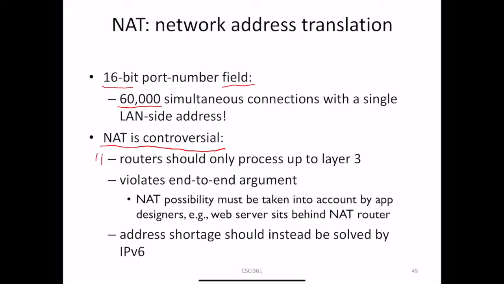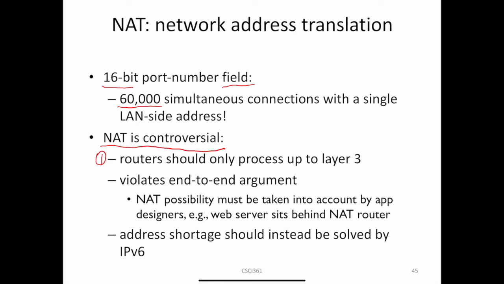The first one: routers should only process up to layer 3. However, we know that when a datagram from a device within the home is sent to the router, the router will replace the port number with another port number and also replace the local IP address with a public IP address.